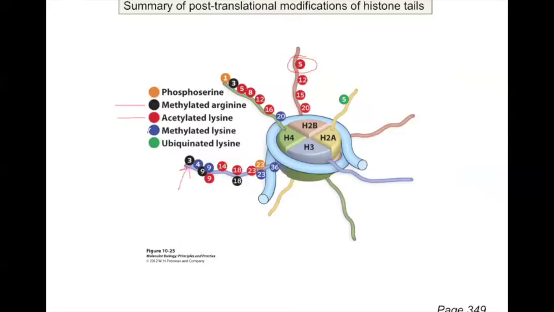And you can see there is also methylated lysine, shown in blue, as well as ubiquitinylation and phosphoserine. So histone subunits can be highly modified by methylation, acetylation, and phosphorylation, as well as ubiquitinylation, all of which are important for understanding epigenetics.